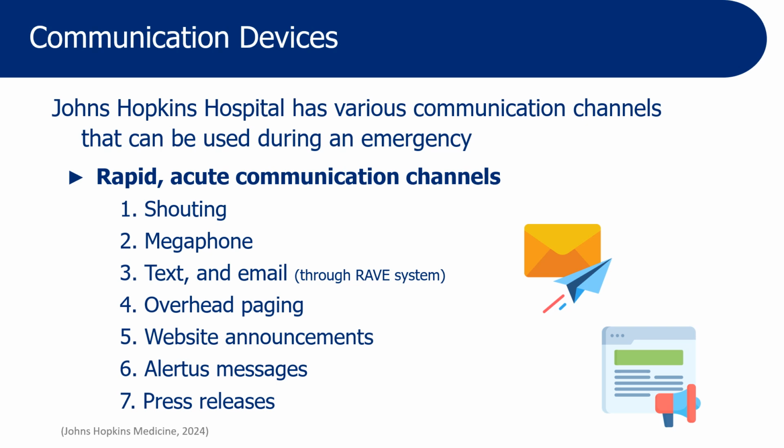The Johns Hopkins Hospital has various communication channels that can be used during an emergency. Rapid acute communication channels such as shouting, megaphone, text and email through the emergency messaging RAVES system, overhead paging, website announcement, Alertus message, and press release are used instantly following recognition of an emergency for acute notification to alert persons in immediate danger and communicate immediate actions that should or should not be taken.